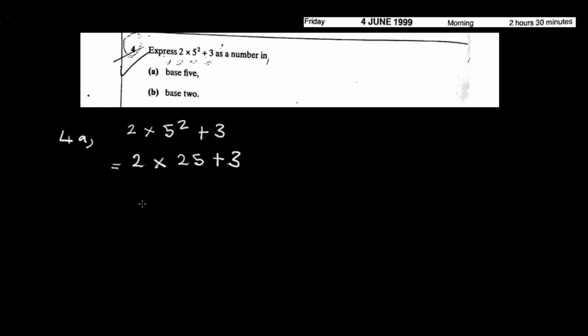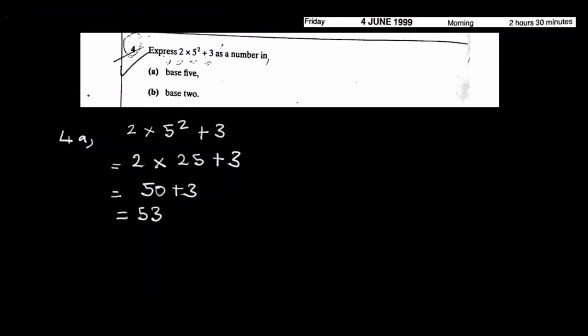Using our order of operations, BODMAS or BOMDAS, whatever method you choose, we multiply first, so it's 2 times 25, which is 50, plus 3, and it's 53. So instead of saying express 2 times 5 squared plus 3, we rather say express 53 as a number in (a) base 5 and (b) base 2.